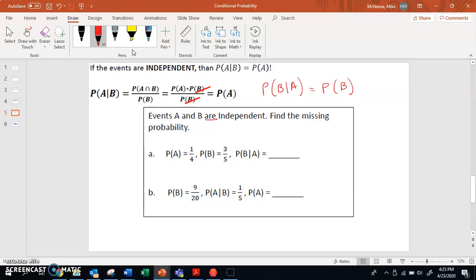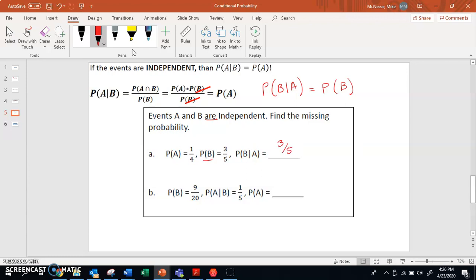So probability of A is 1 over 4. Probability of B is 3 over 5. Find the probability of B given A. Well, since these are two independent events, I don't even have to worry about calculating this. I already know that it's going to be the same as probability of B. And so the answer is probability of B given A. It's the same thing as 3 over 5 because probability of B is also 3 over 5.